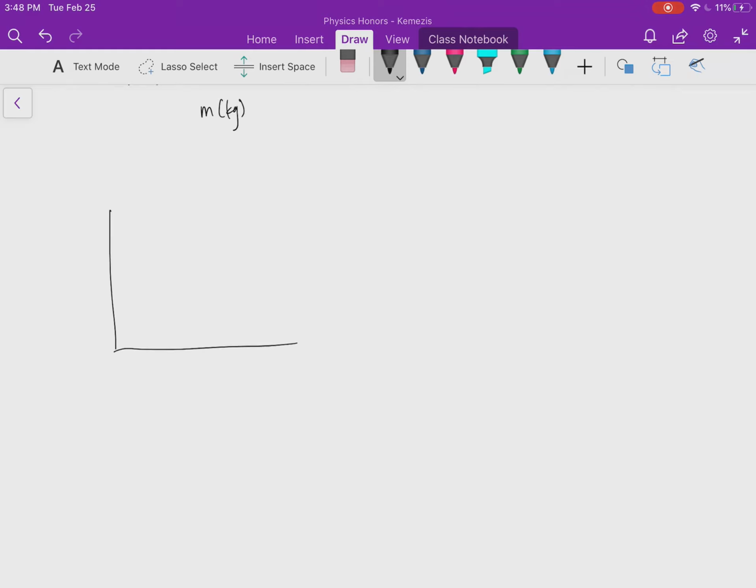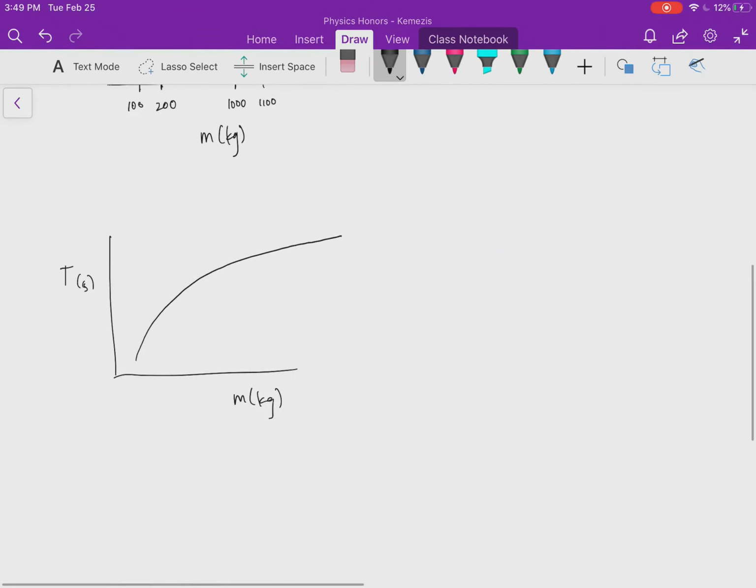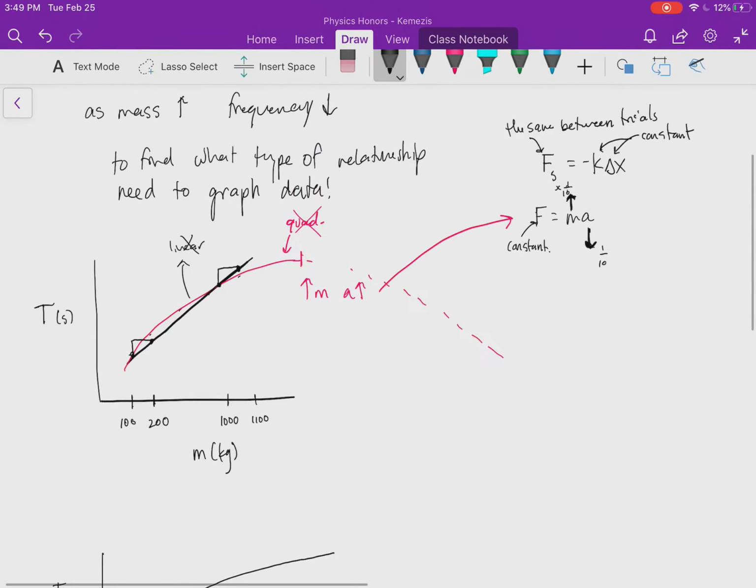So what we do know is our period and our mass are seeing some changes where it dampens over time. The effect of your mass change starts to impact the period smaller. So we get a big change as we're doubling and tripling and quadrupling, but then as we go, our change is affecting our period less and less because the mass change is affecting the acceleration less and less.